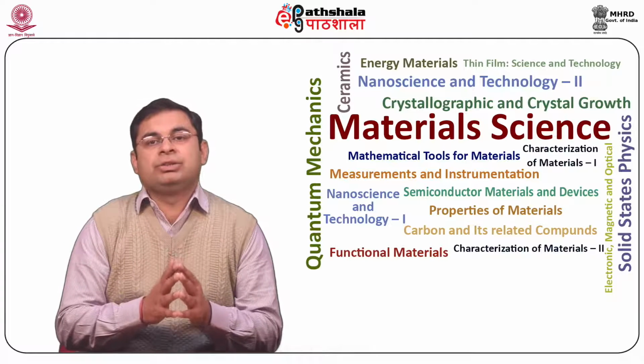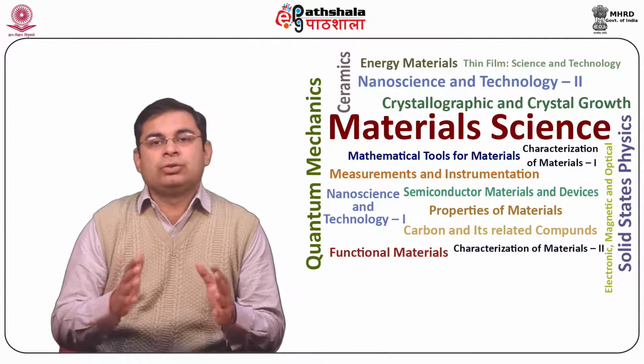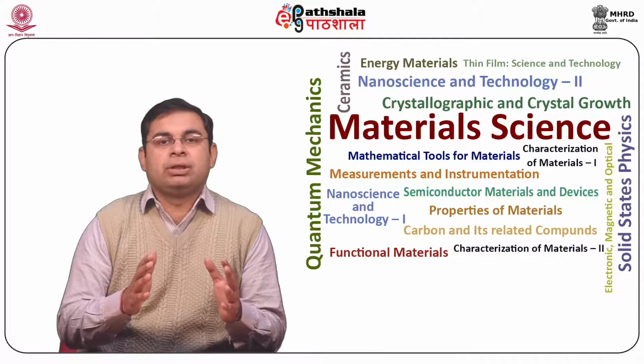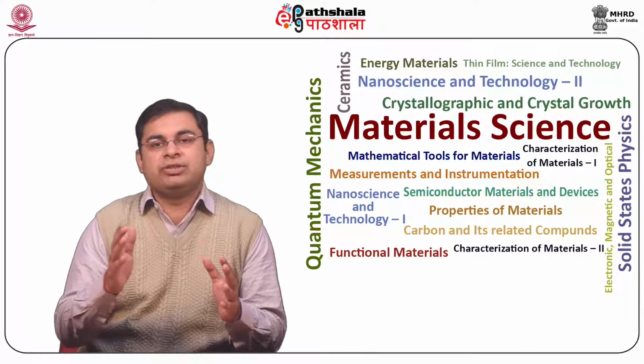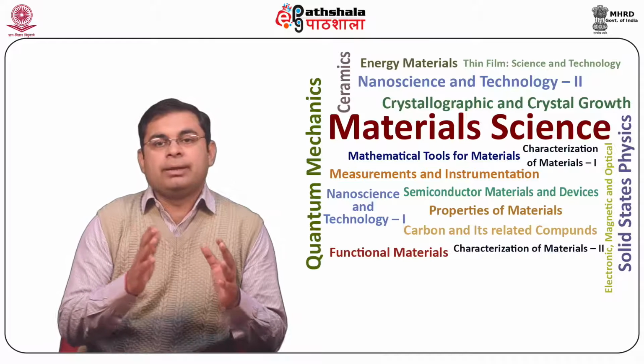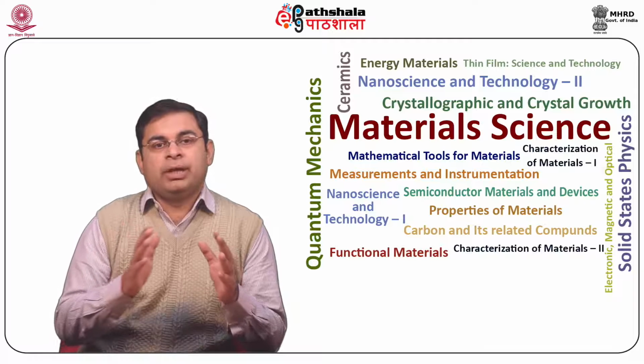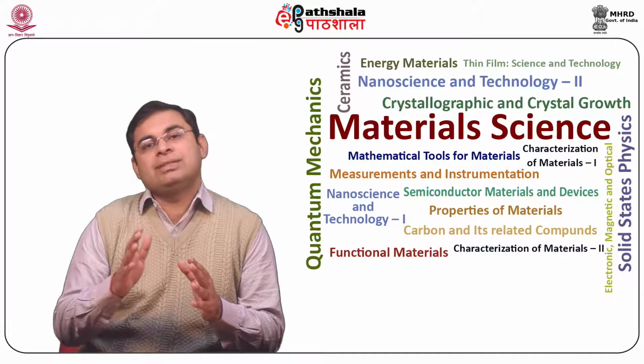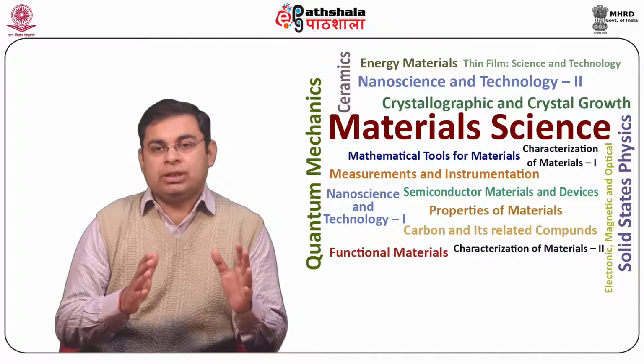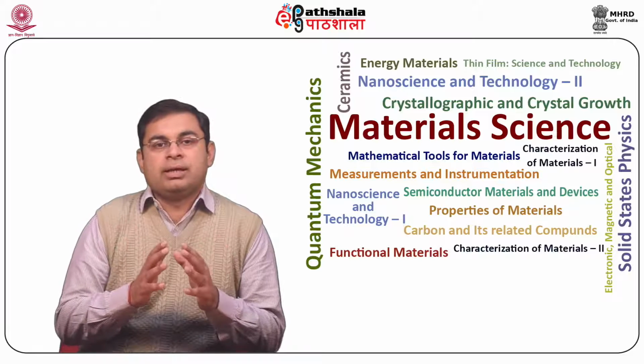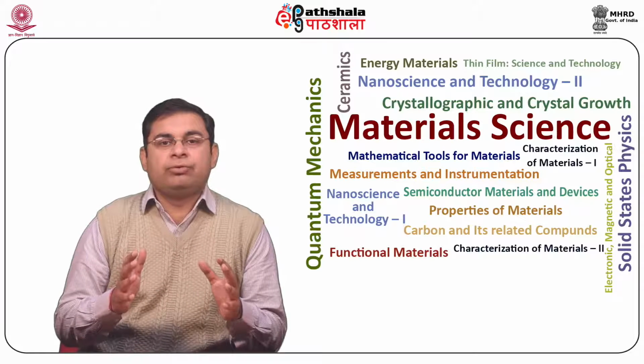The allowed energies of the valence electrons in the periodic potential include a set of energy bands having gaps in between them.